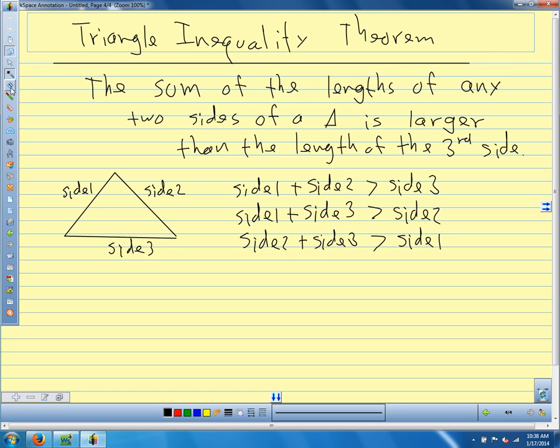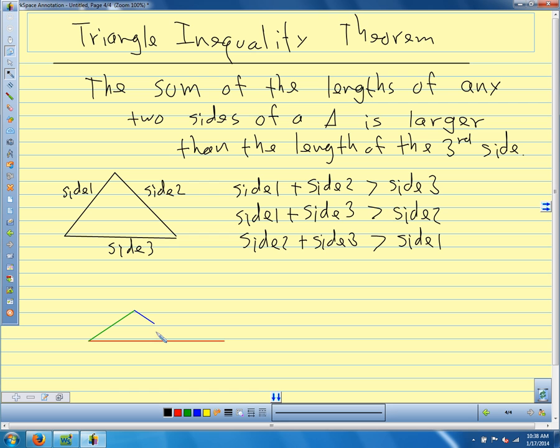Now the reason that it has to work out that way is, let me draw a picture down here. So if this is one side of a triangle, I'm going to do my sides in colors. If these two sides don't add up to be larger than this third side, they can't connect.